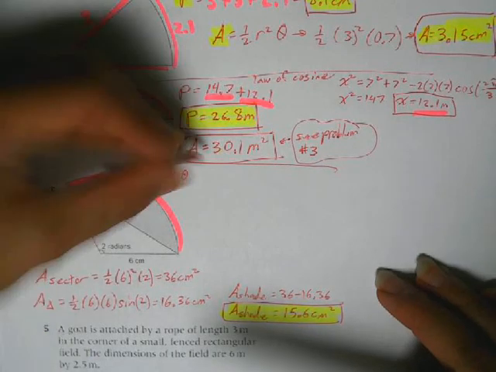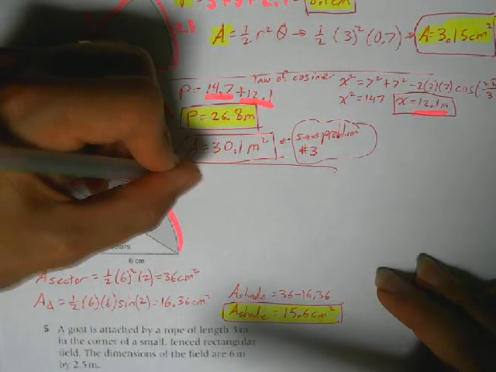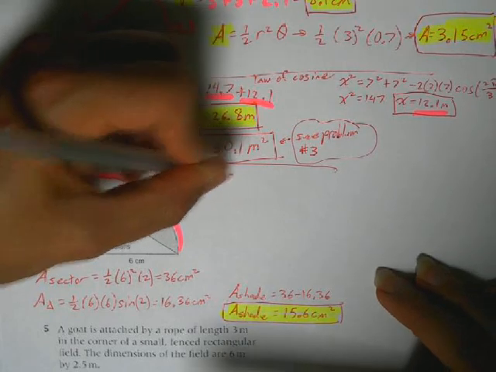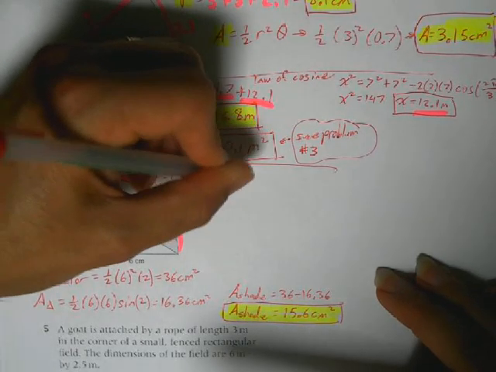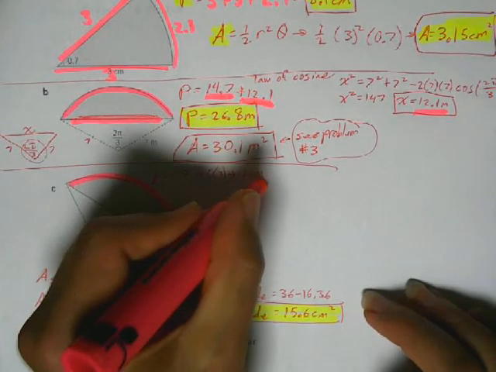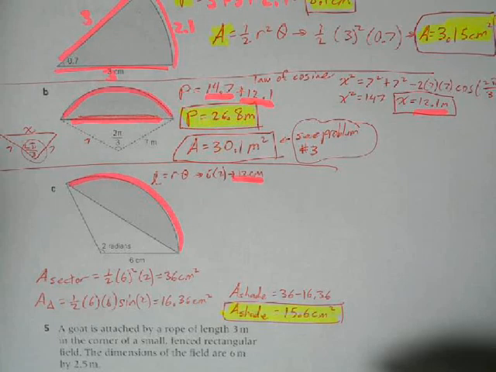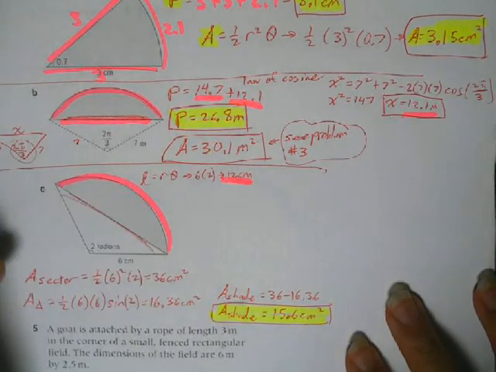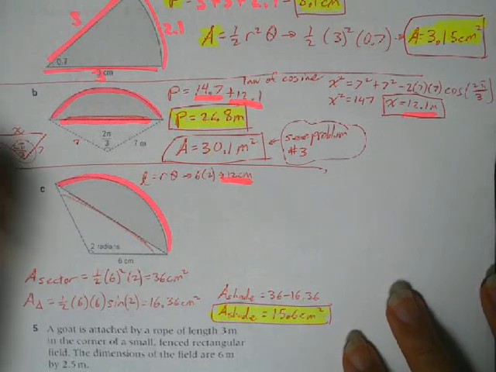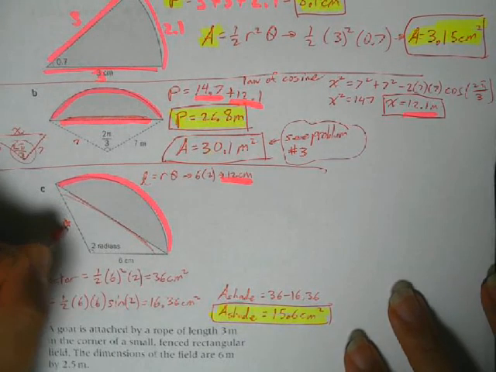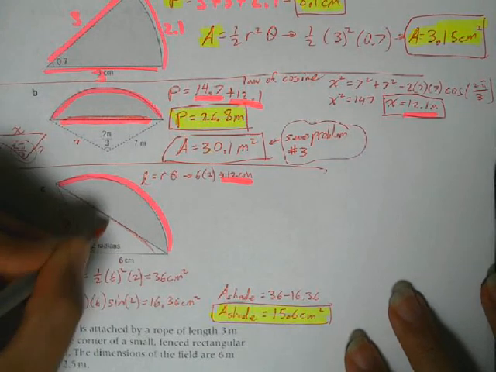So that's going to be 6 times 2, so the arc length is equal to 12 centimeters. But I need to find this length here, so I'm going to need to use the law of cosine. This is 6, that's 6, and let's call this x.